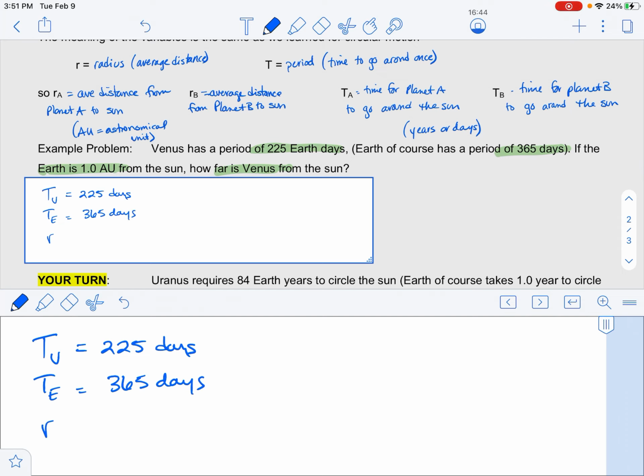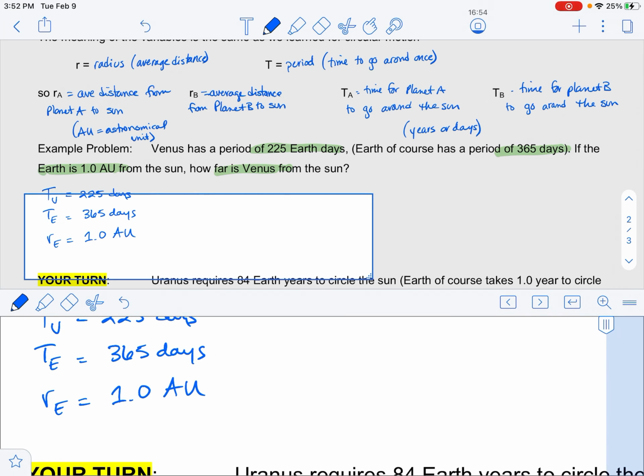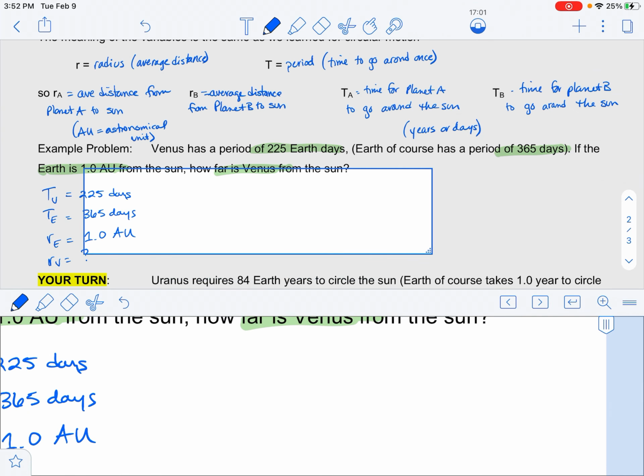The distance from Earth to the Sun is 1 AU. Again, I used RE to stand for the Earth. And what I'm looking for here is how far it is from Venus to the Sun, so RV. So here's my formula. Instead of A's and B's, I'm going to use V's and E's. So I've got TV over TE squared equals RV over RE cubed.